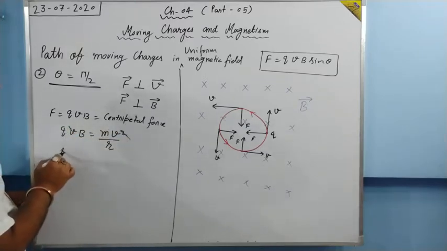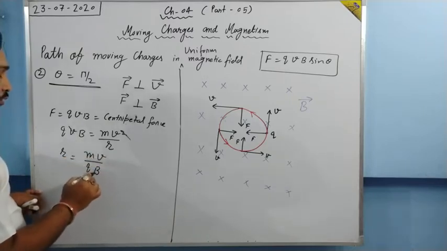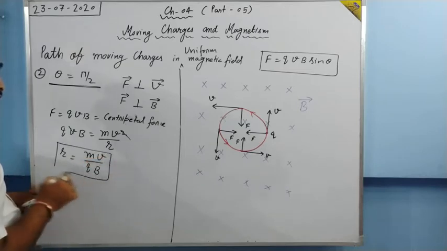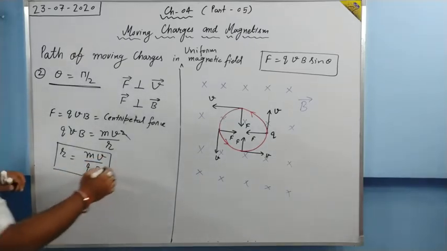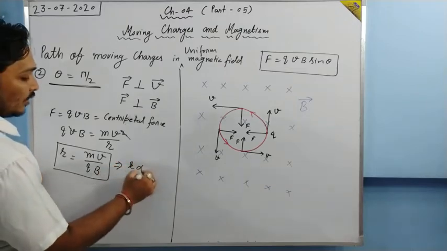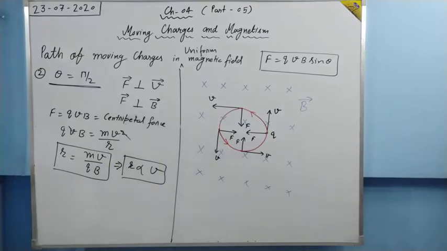From here, r is equal to mv upon qB. This is the radius of the circular path, and it is clear that the radius is proportional to v. The larger velocity you give, the larger circle it will describe.